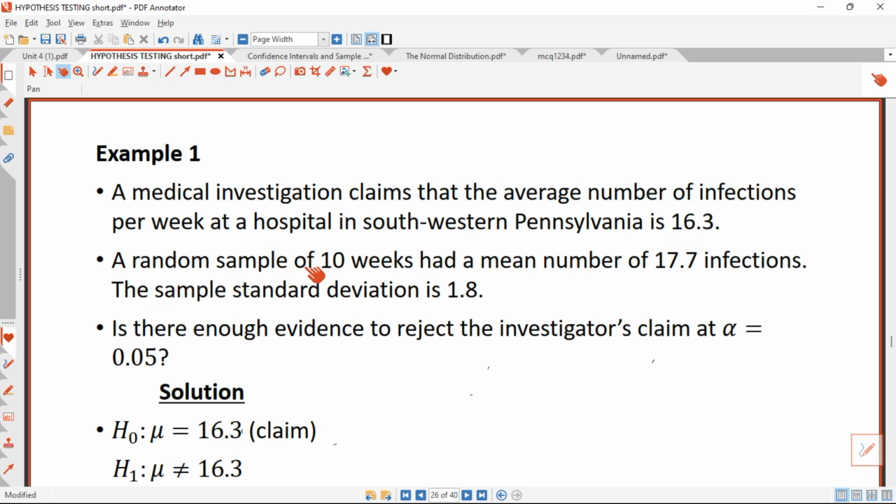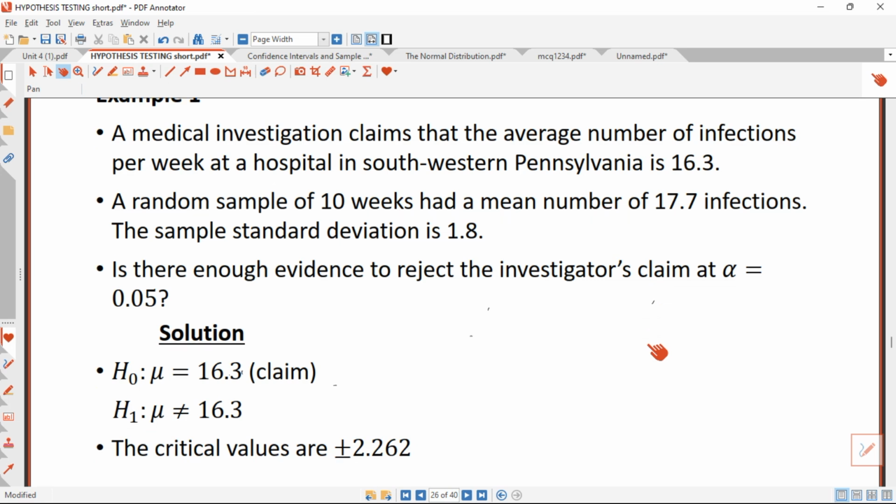A random sample of 10 weeks had a mean number of 17.7 infections. The sample standard deviation is 1.8. Is there enough evidence to reject the investigators' claim at an alpha equal to 0.05?